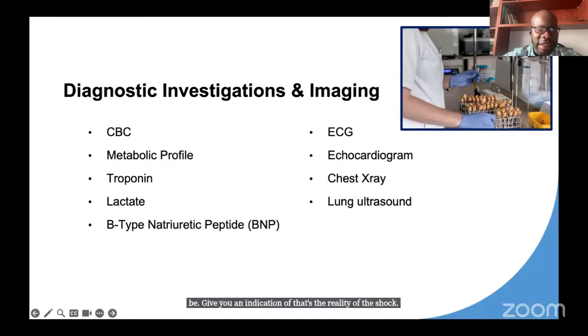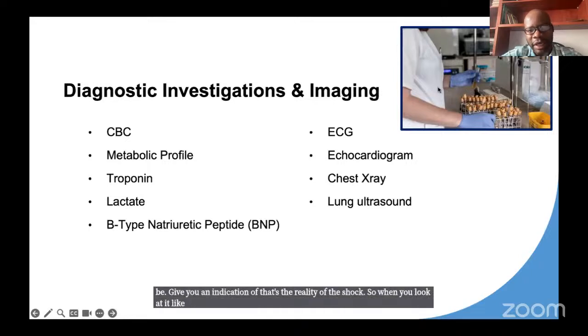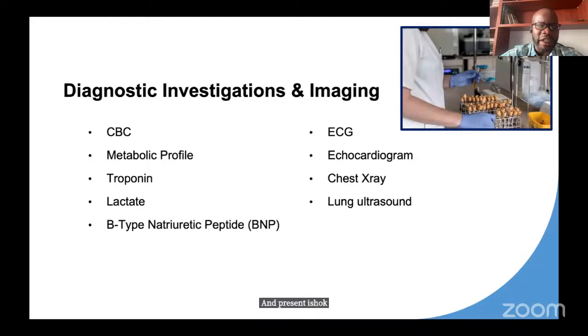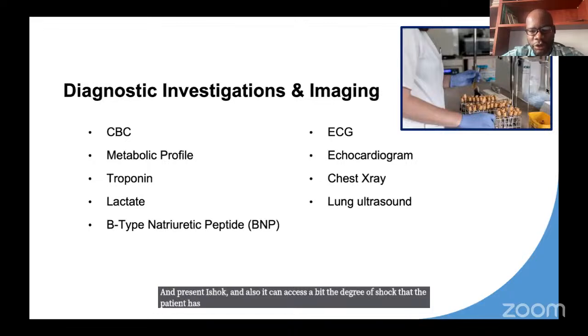So when you do a complete blood count, some of the things you look at are issues of anemia, which can in itself be a cause of cardiac failure and present in shock, and also it can exacerbate the degree of shock that the patient has. So it's important to look at that.